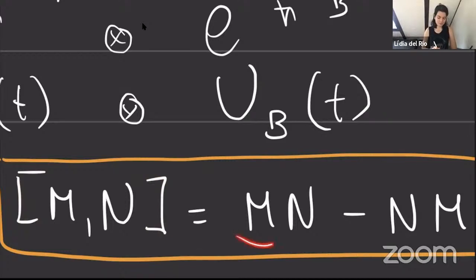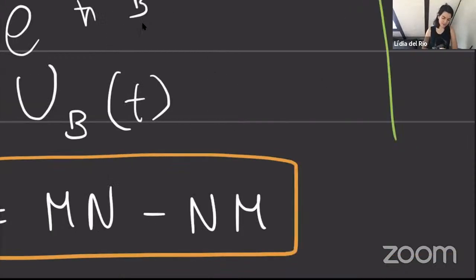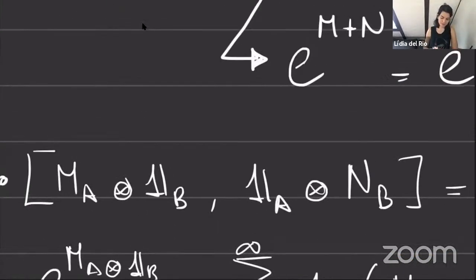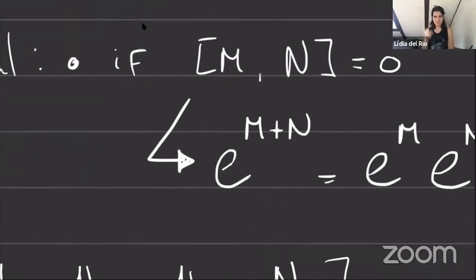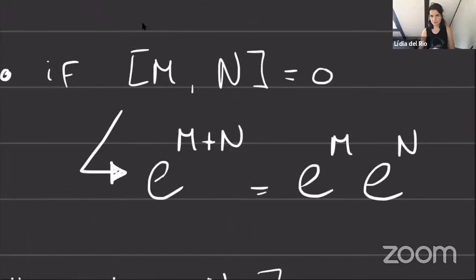It's the first matrix times the second minus the other way around. And this gives us a notion of whether you can evolve one system then the other, and also whether you can observe two things at the same time or not. We'll see many applications of this later on. Don't worry about it.